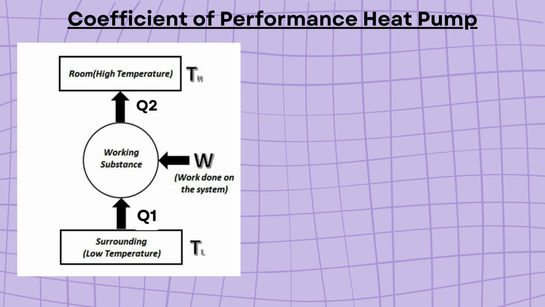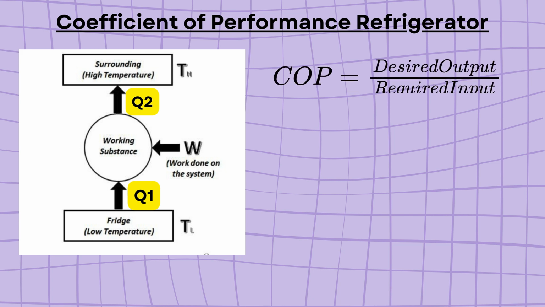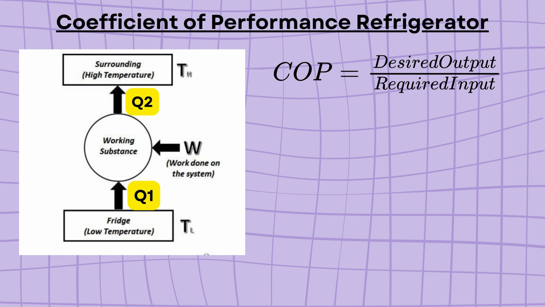And to let you know, W input also means Q2 minus Q1, which is Q at high temperature minus Q at low temperature. Okay, let's proceed to the coefficient of performance for a refrigerator. This situation is the same as a heat pump, where the COP is the same, but the difference is the desired output.